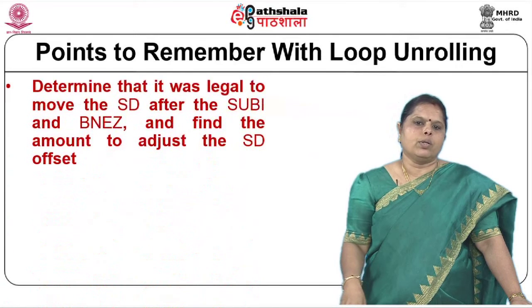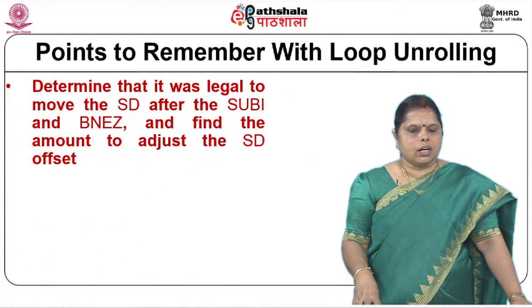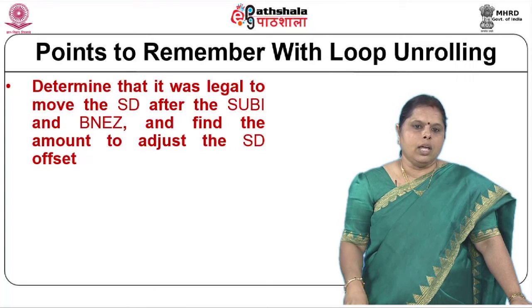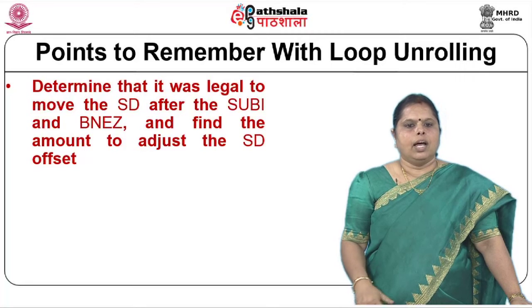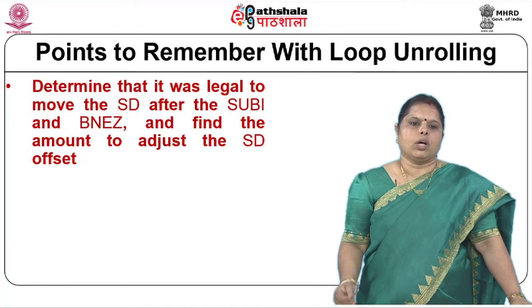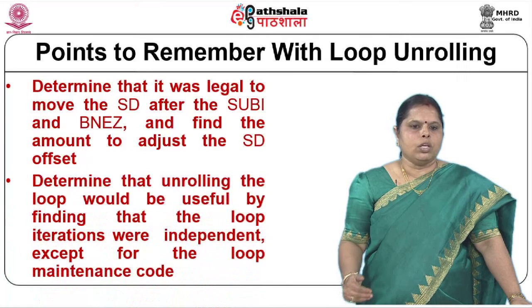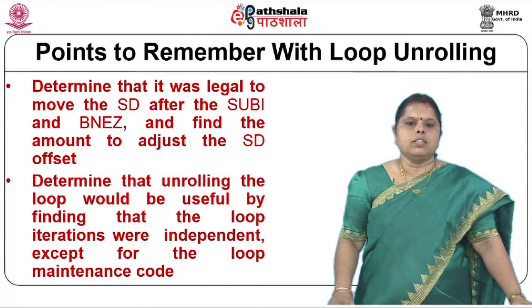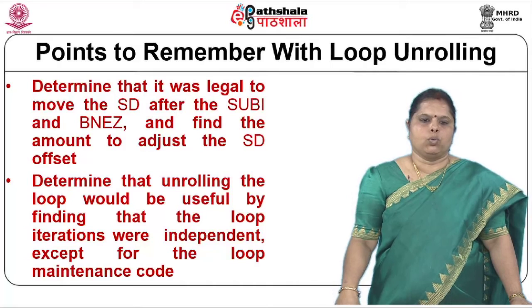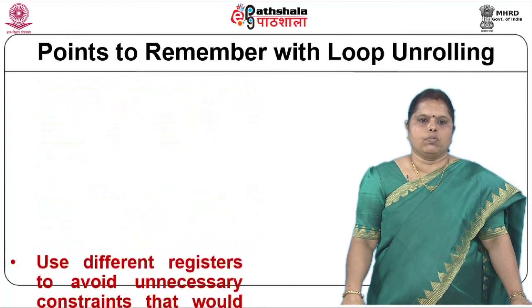So, the points that you will have to remember with loop unrolling are, you will have to determine that it was okay or legal to move the store instruction after the sub instruction and branch, and find the amount that you have to adjust in your store offset. You also have to determine that unrolling the loop would be useful by finding that the loop iterations were independent of each other. If there is a loop carried dependence, you can't do that. So, except for the loop maintenance code, you are trying to do the unrolling of the loop.